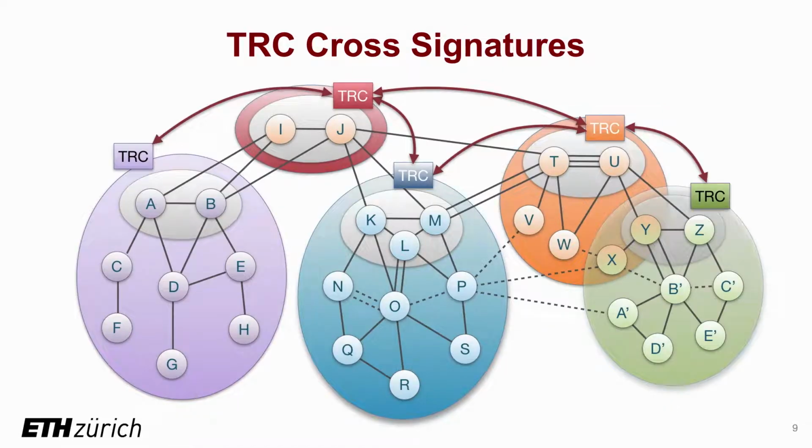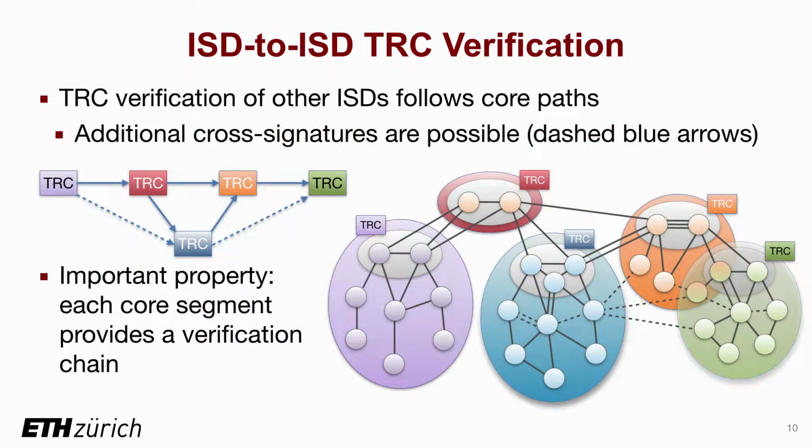So in essence, each ISD that connects to a different ISD signs the other ISD's TRC. And as a consequence, we get a nice property that whenever a networking path exists, we also have a valid verification path from the source to the destination. Here's how this works in a bit more detail.